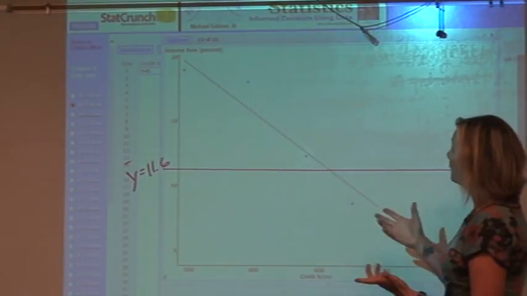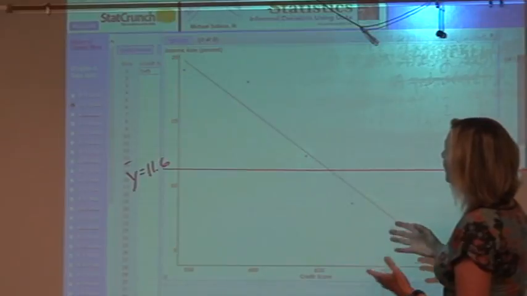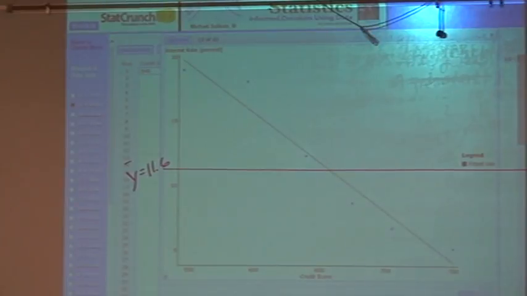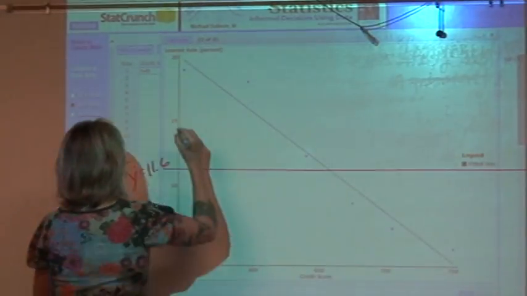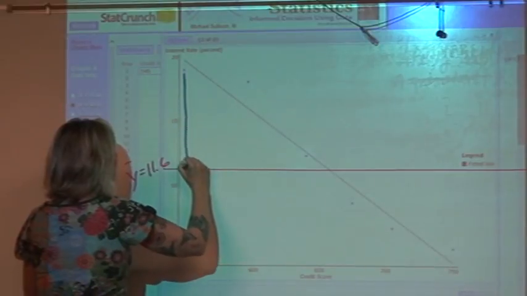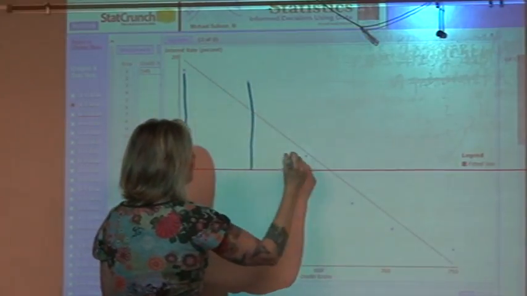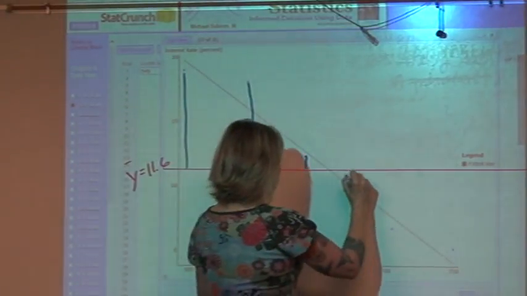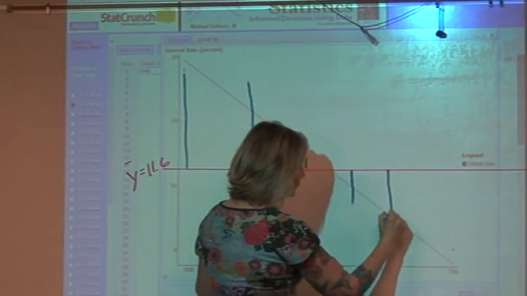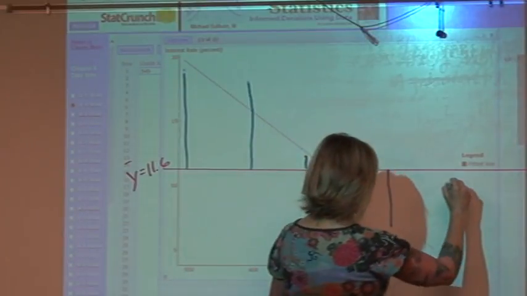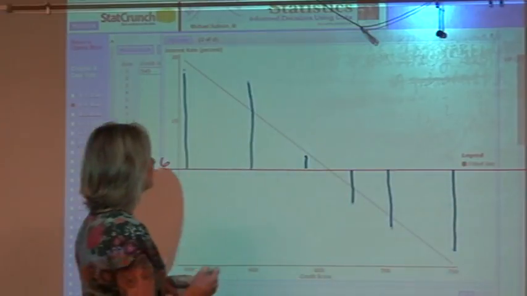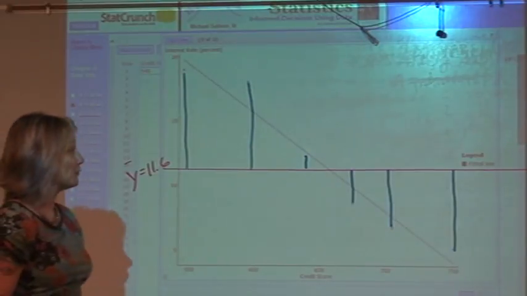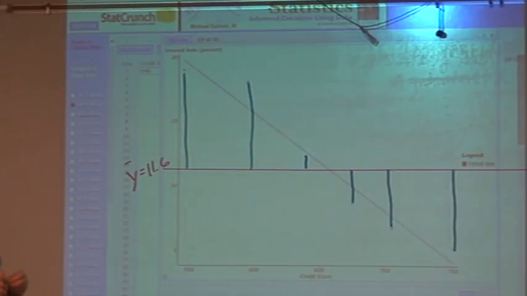Now if we had just collected interest rates, these would be our errors. The errors would be the distance to the mean. So this would be our overall error if we're just using the mean interest rate.